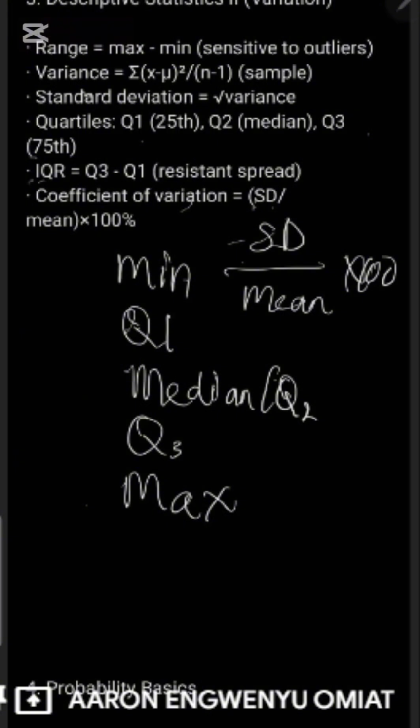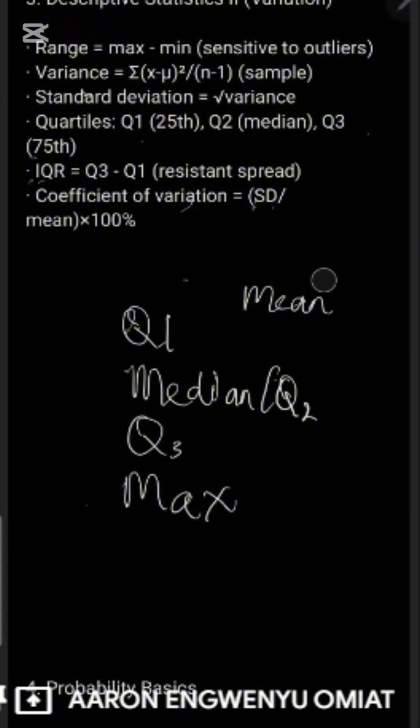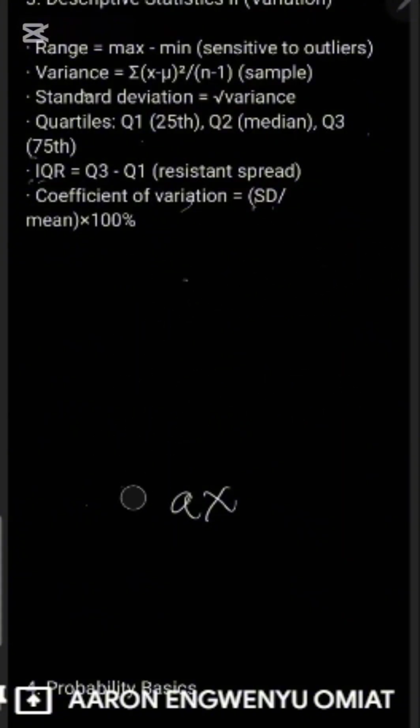The one with the higher coefficient of variation means that the turnout varies by much across different polling stations. Okay, that is our revision of what we covered in our first lecture.